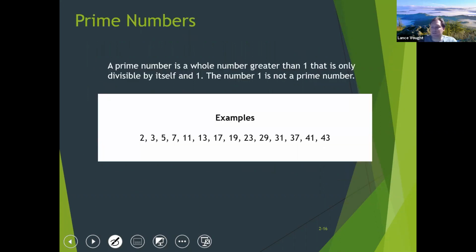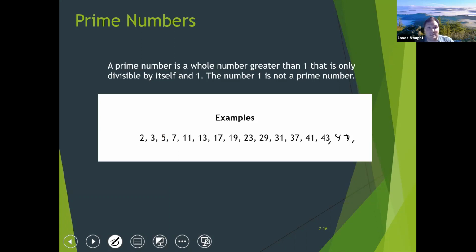Speaking of prime numbers, I like how conveniently 47 is a prime number, but they cut it off at 43 on this slide. So we now know that 47 is next. Does anyone know what comes after 47 in prime numbers? It is not 49, because 49 is 7 times 7.